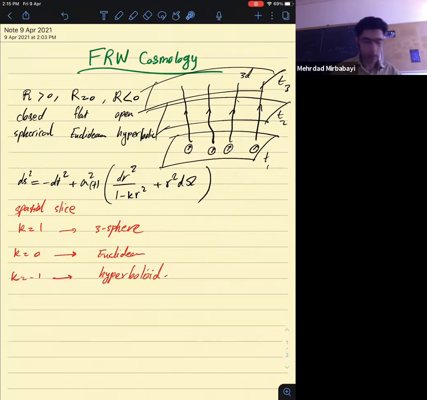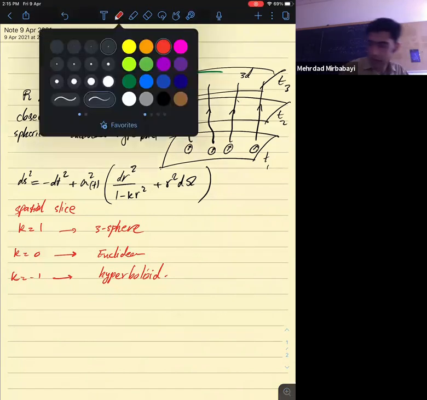And this is a very simple metric for which we can even calculate the Riemann curvature, Ricci curvature, and Einstein tensor. We can do it even by hand to derive Einstein equations.